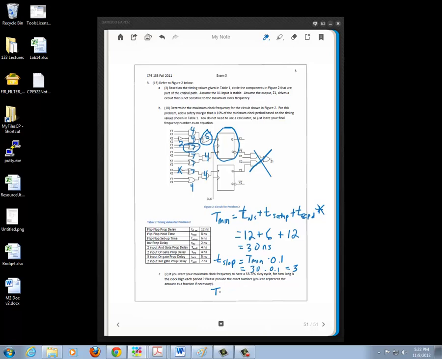So now our Tmin total, I guess I'll call this Tmin 1. Tmin is going to be Tmin 1 plus T slop, which is going to be 30 plus 3. So our maximum clock frequency, F max, is equal to 1 over Tmin.